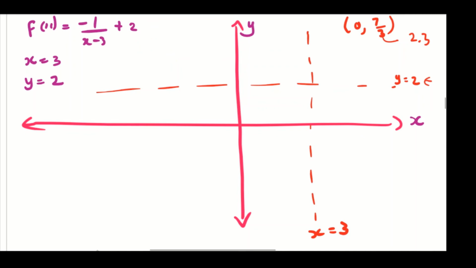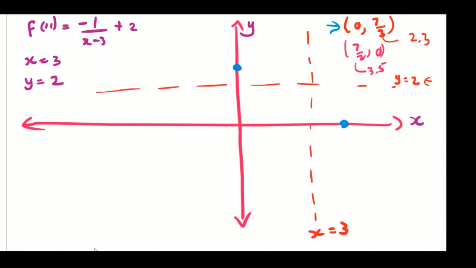So that's our expectation. Now what we're going to do is plot this value here, (0; 7/3), which is 2.3 for the y. It's going to be somewhere here, and then we have the x-intercept of (7/2; 0), where 7/2 is 3.5. So 3.5 is just above 3, so it's here, right?